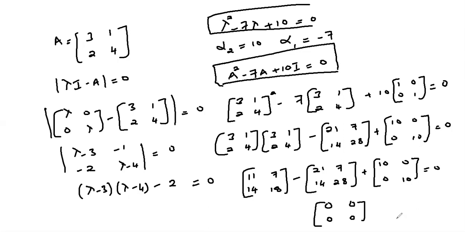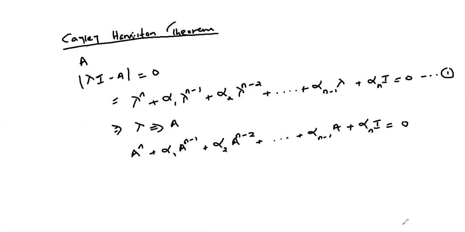Now, if we consider our equation 1 and substitute lambda equals A to end up with equation 2, then we can determine the inverse of the matrix A as follows.